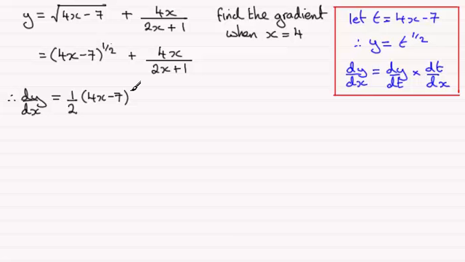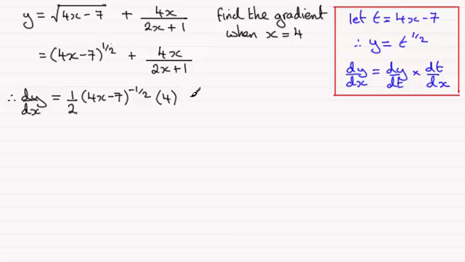So that's a half, 4x minus 7 to the power minus a half. Now I need to multiply it by the differential of t with respect to x. Well, t was 4x minus 7, so if you differentiate that with respect to x, you just get 4. All right? So that's the differential then of 4x minus 7 to the power half.